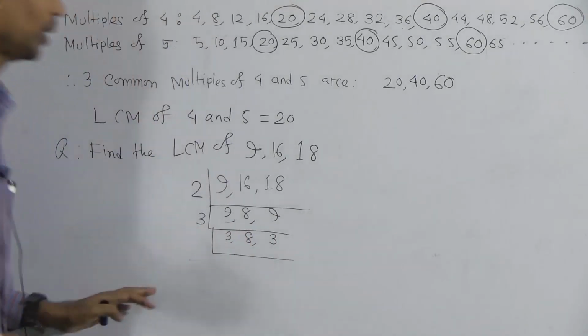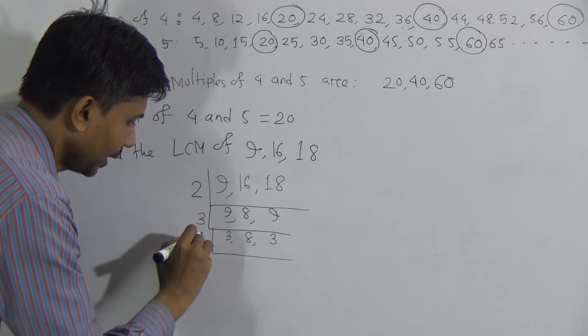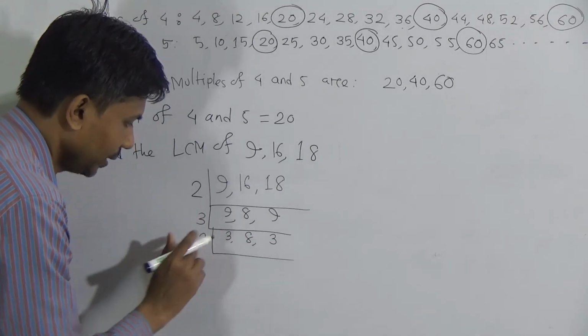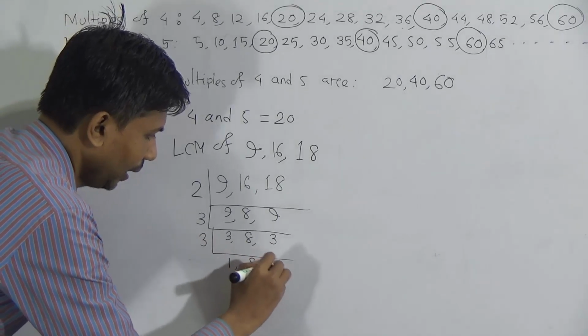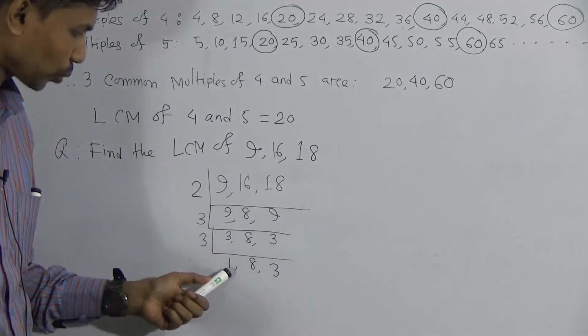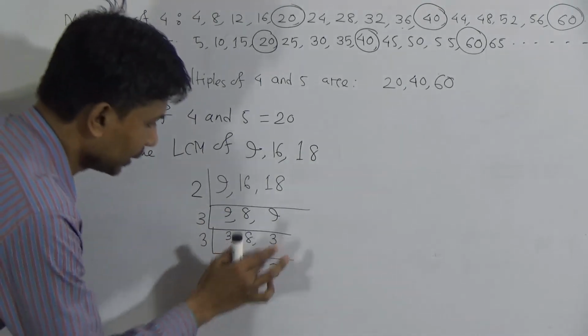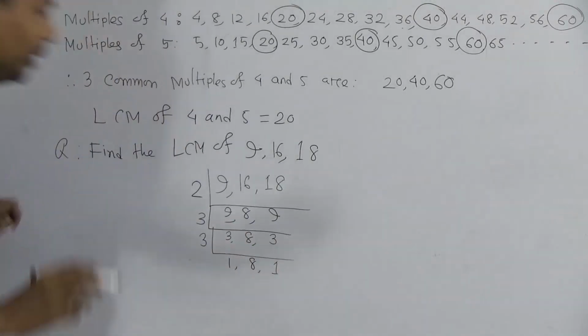Okay? Now see, this number and this number are again divisible by 3, so we take 3, then 1, and 8 remains the same and 3. Okay, student. Sorry, if you divide 3 by 3, then we get what? 1.